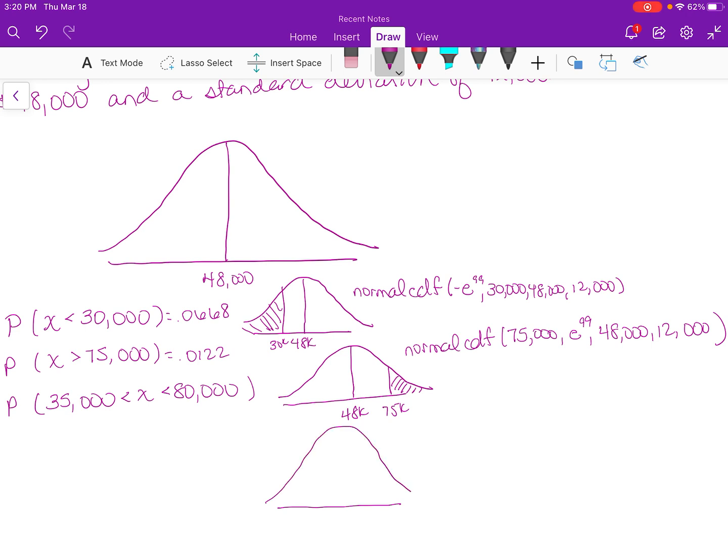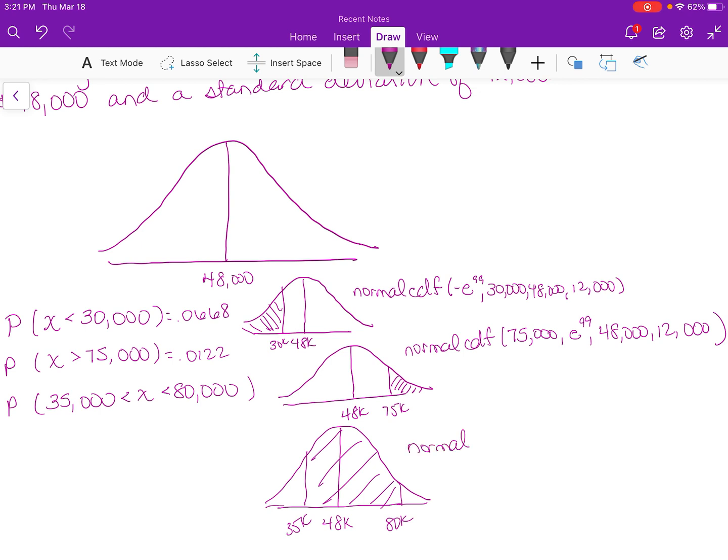And then for the third one, I'll go from 35,000 to 80,000.